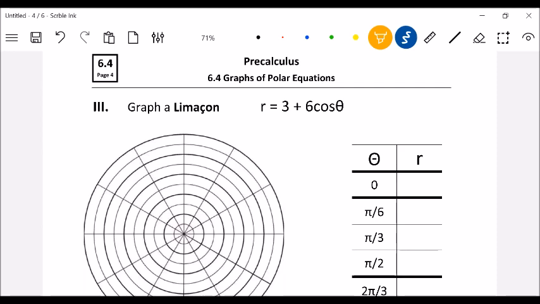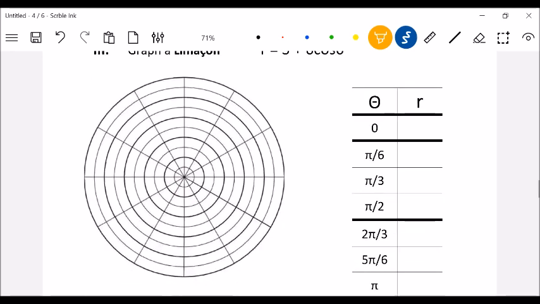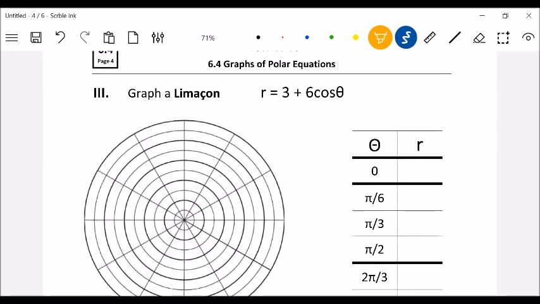Well, let's graph a limacon. Not quite sure the perfect way to pronounce it. So we actually do the same kind of thing that we did, but we're going to find it gives a different shape. So you will see some of these in the textbook. Go and check it out in section 6.4. There are some very interesting ones here, like 4 or 5 types.